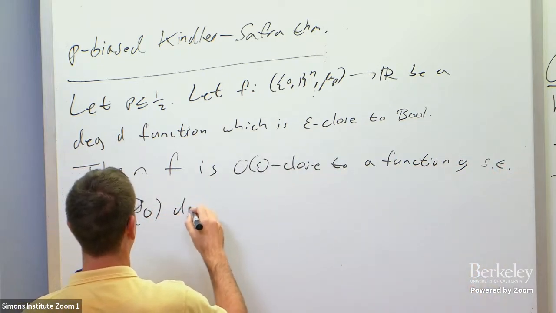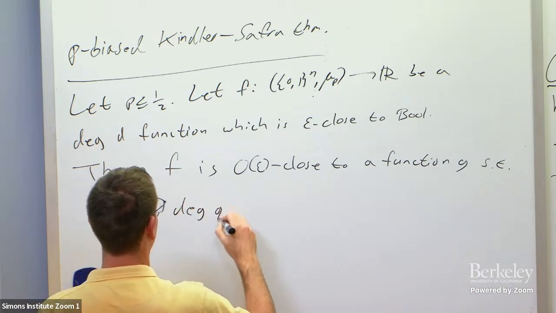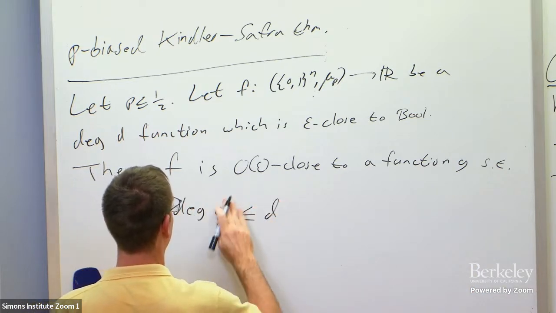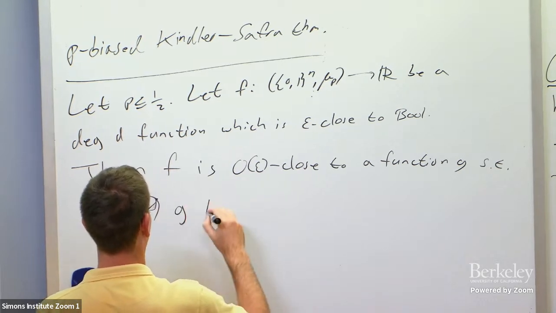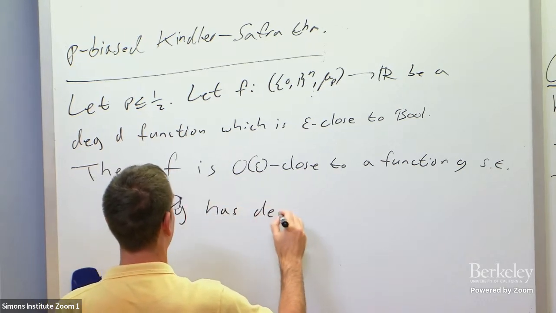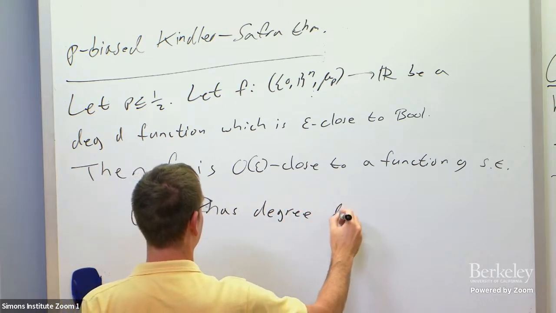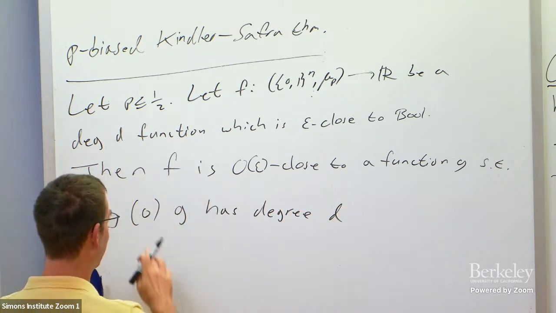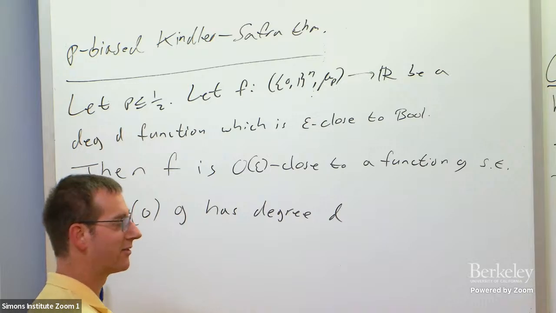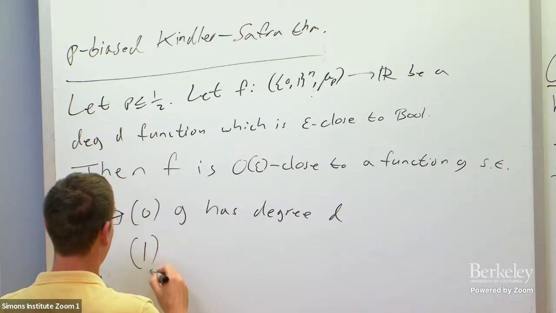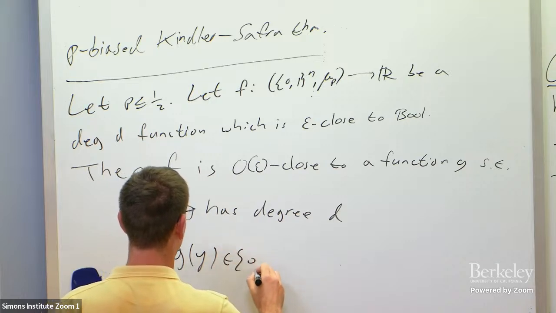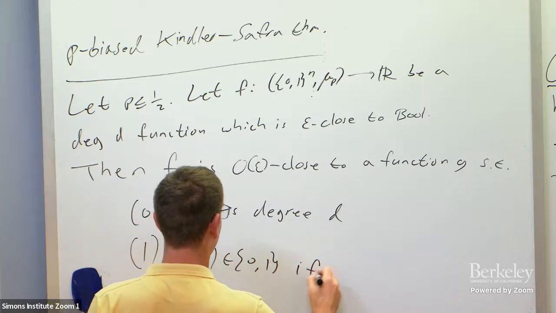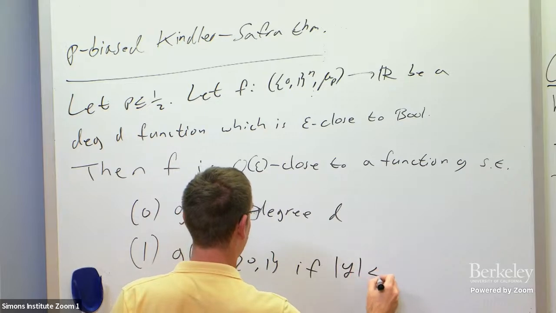So G has degree D. Okay, I'm writing it as 0 because this is kind of the point here. G of y is in {0,1} if |y| is at most D.